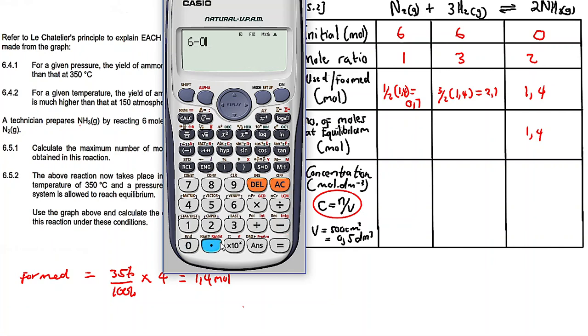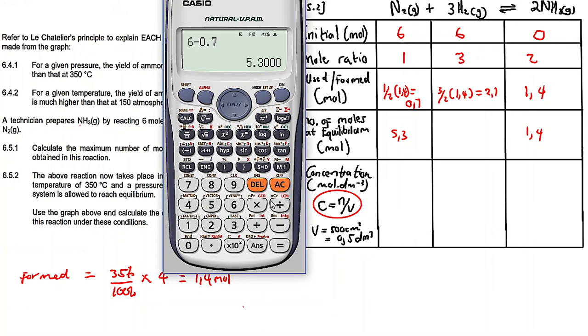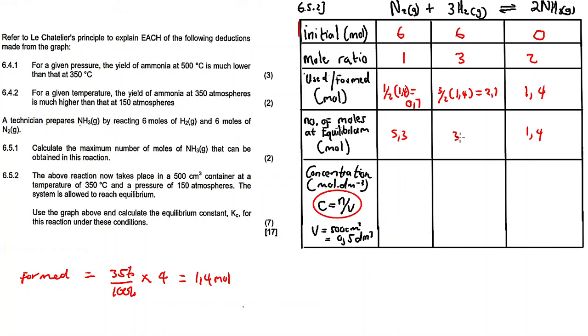Now the number of moles at equilibrium is 6 subtract 0,7, which is equal to 5,3, and then 6 subtract 2,1 is 3,9. Now for the concentrations, it's the number of moles at equilibrium divided by 0,5. So 5,3 divided by 0,5, 3,9 divided by 0,5, and 1,4 divided by 0,5.